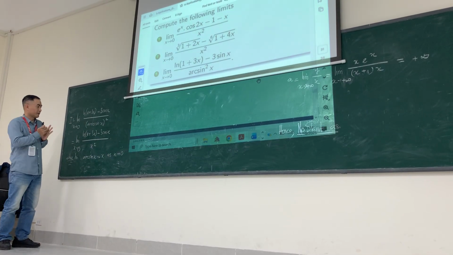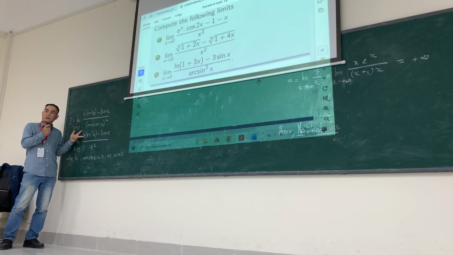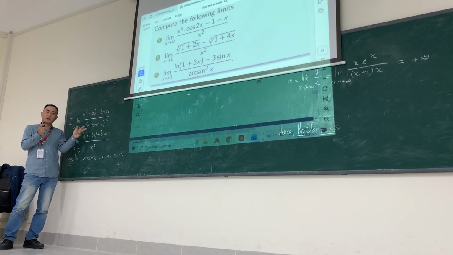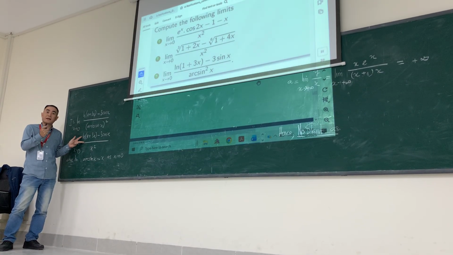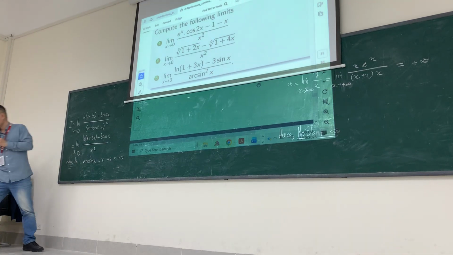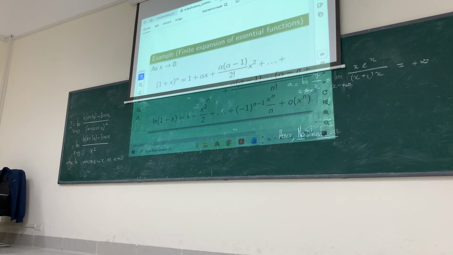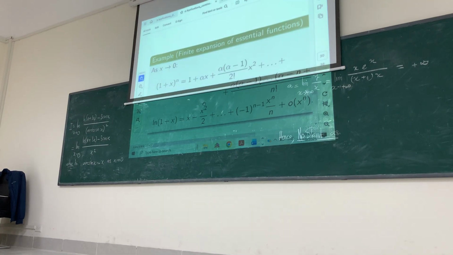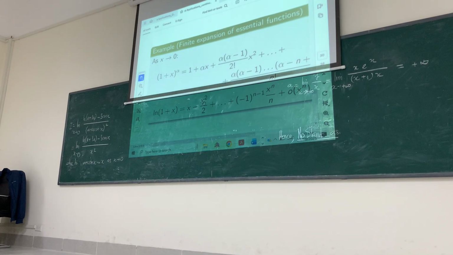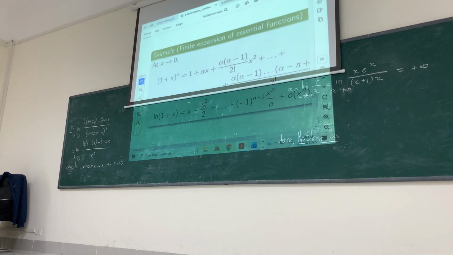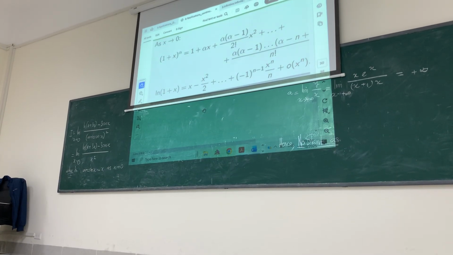Next, for the numerator, we use the Maclaurin expansion.